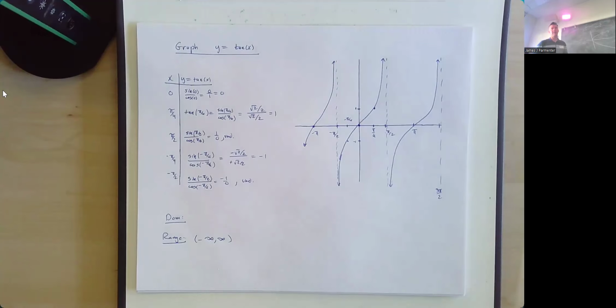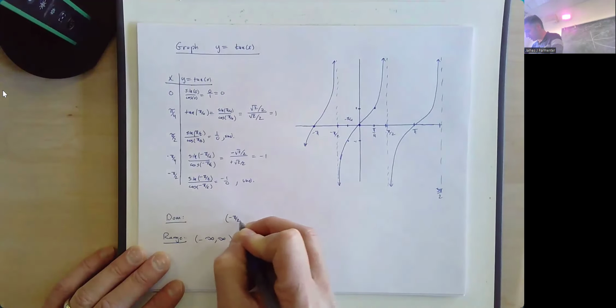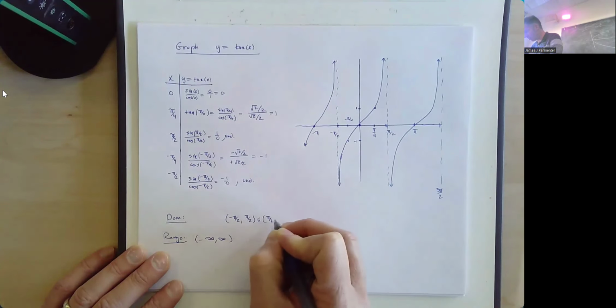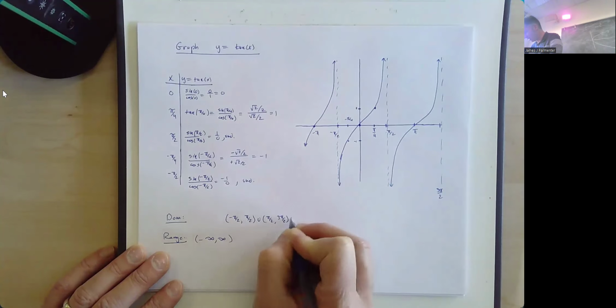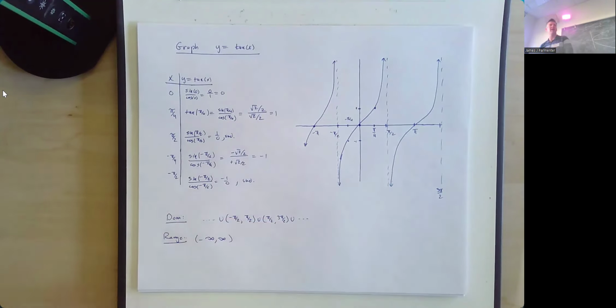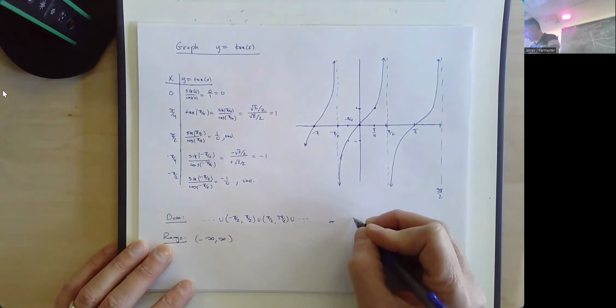So you could write it this way. You could say, well, it's like negative pi over 2, comma, pi over 2, union pi over 2, comma, 3 pi over 2, union, and then kind of dots, right? This is not terrible to write, but still kind of annoying. The way you'll probably see it written in a textbook or by a professor is like this.